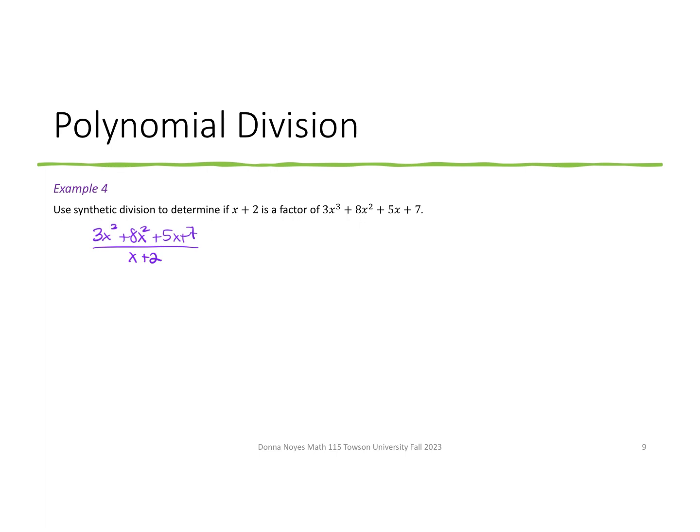And remember, if it's a factor, we shouldn't have a remainder. So let's see if it is. Or if it's not, let's write it in dq plus r format. So I want you to pause it and see if you can set up the synthetic division first. So pause for a few seconds, write out your synthetic division, and come back.